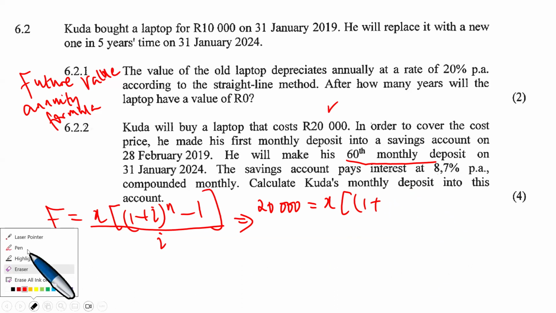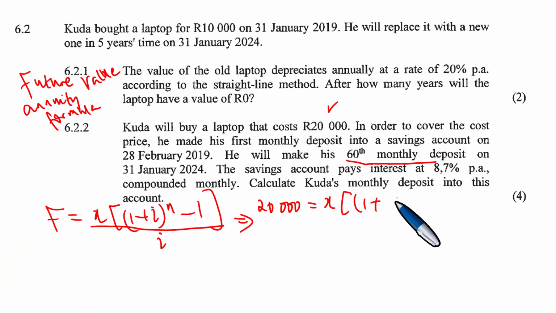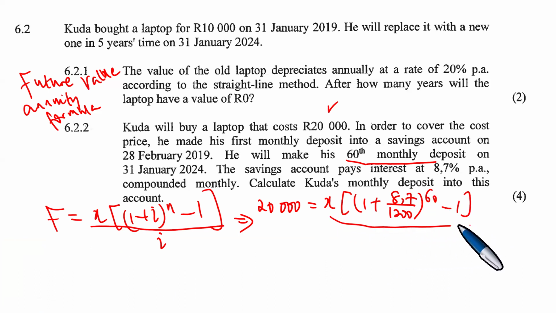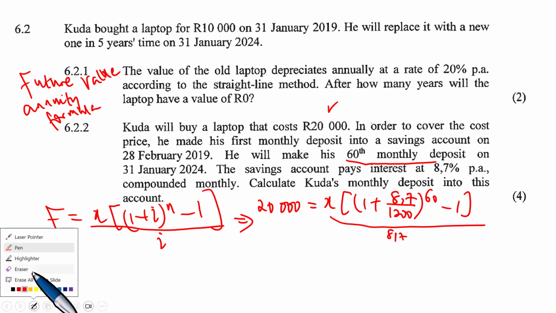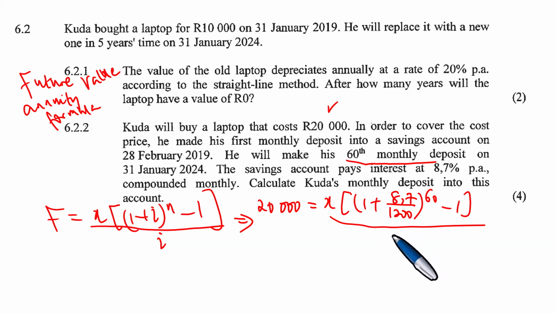Simultaneously, you also divide it by 12, raising it to the power 60. And then you subtract 1. You divide every single bit of thing by 8,7. By, then you put 1,200 here, like so.